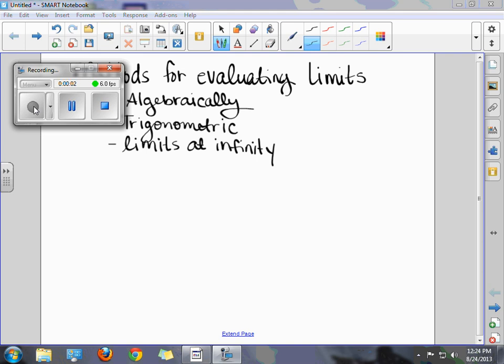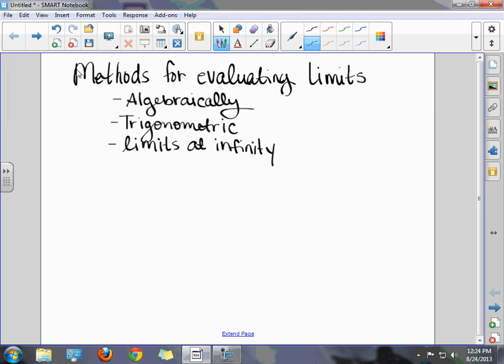So today we're going to continue our discussion of evaluating limits. Last time we looked at how we could evaluate limits that were continuous at the point that we were evaluating the limit at.